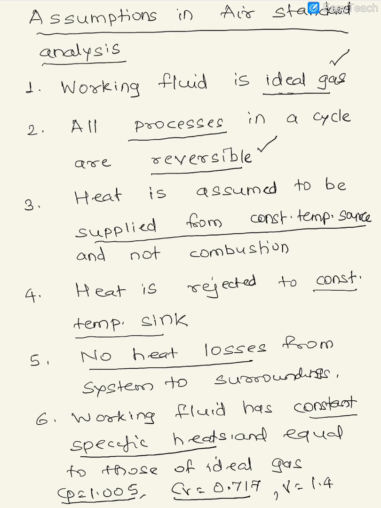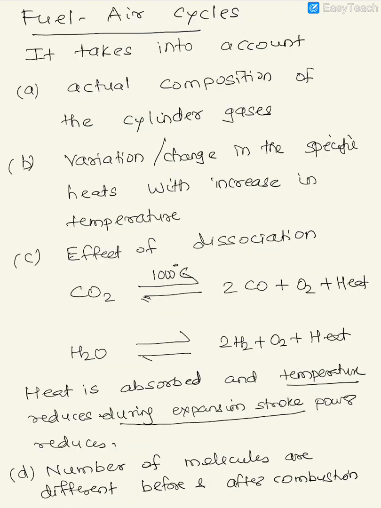Okay. So one way of doing it is to reduce the number of assumptions, and that analysis is called the fuel air cycle analysis. Now in this analysis, we take into account many things which the air standard cycle analysis does not account for.